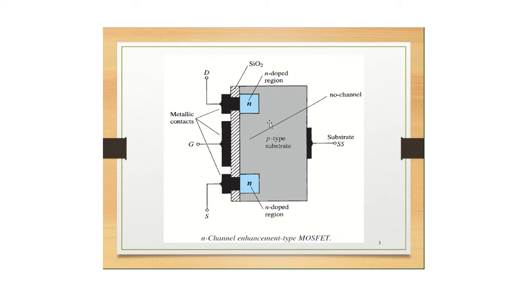After we get the substrate, what will be done? Two N-type wells are created, okay? Because of which there will be junctions formed between the two N material and the P-type material. So there will be two junctions formed, all right?